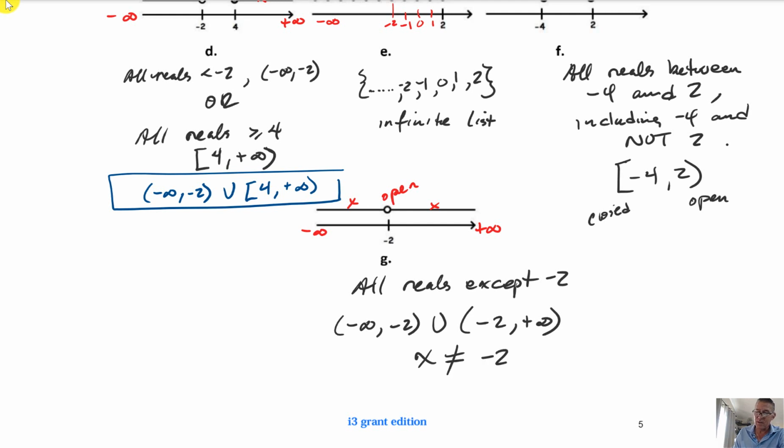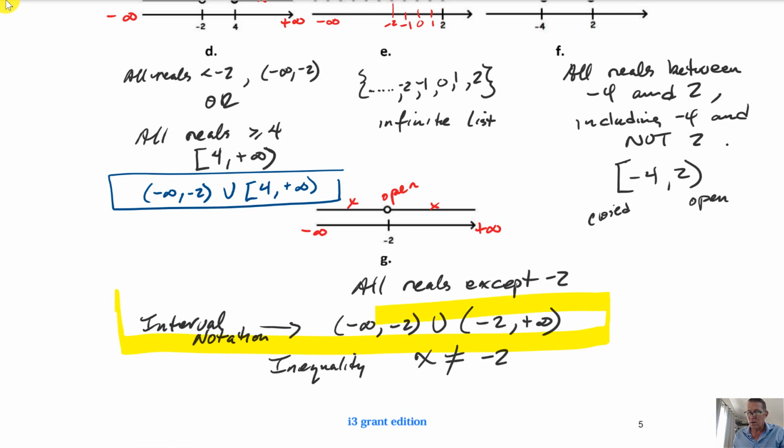So this is called interval notation. That's what I've been talking about the entire time today. Interval notation. And this is called an inequality. So this is what we want to get good at. You want to be able to write things using interval notation.